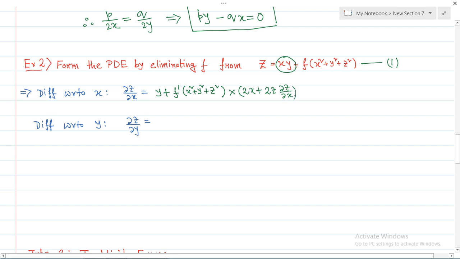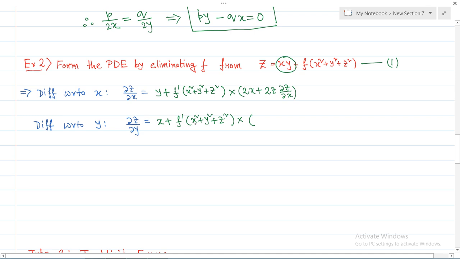Okay, similarly if we differentiate partially with respect to y, we have del z del y equals x plus f dash of x square plus y square plus z square multiplied with, inside the f dashed function, we have x square plus y square plus z square.